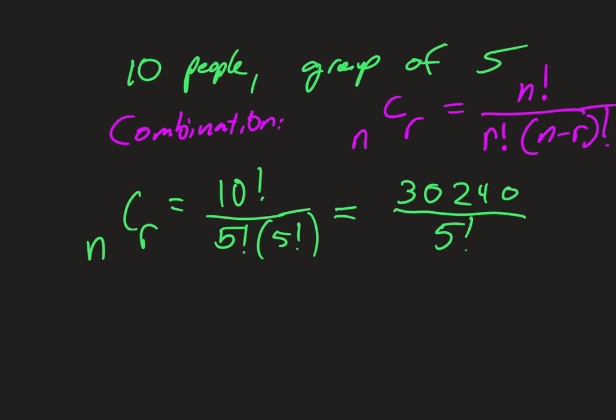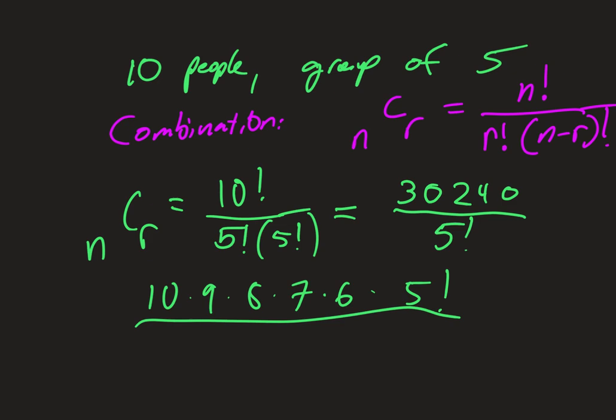Now if I go back, I could have done it also. 10 times 9 times 8 times 7 times 6 times 5 factorial, because 5 factorial is 5, 4, 3, 2, 1. This 5 factorial I'm going to put right there, and they're going to reduce. This factorial right here, I'm going to write 5 times 4 times 3 times 2.